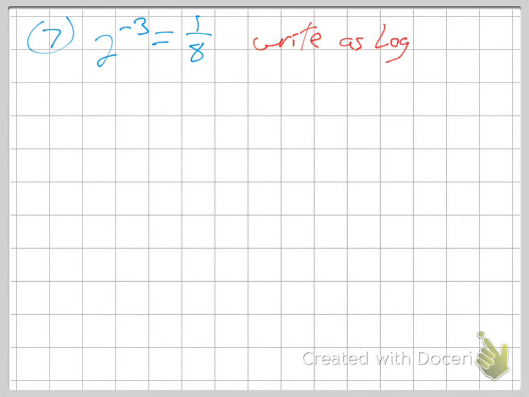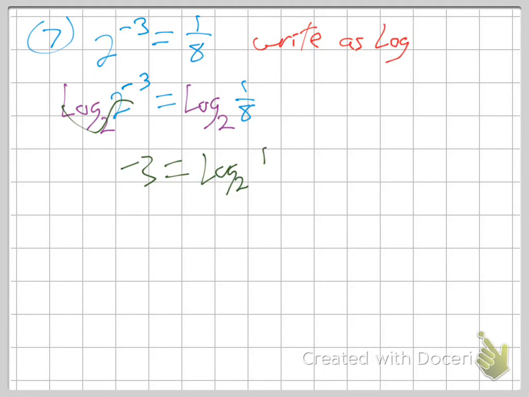So write as a log. So what base? Base 2, huh? There's always a base down there by the log. Always. And now what happens on the left side? These drop, huh? So minus 3 is log base 2 of 1/8. Getting easy? Change between those two languages, between exponential and log. So if you have a log, you power both sides, same base. If you have a power, you log both sides, same base. And they always cancel out on the one side.